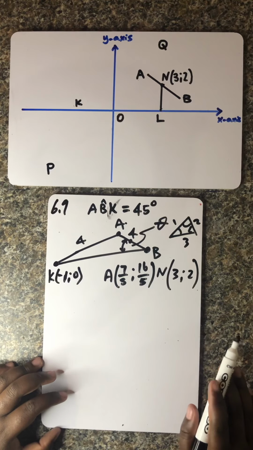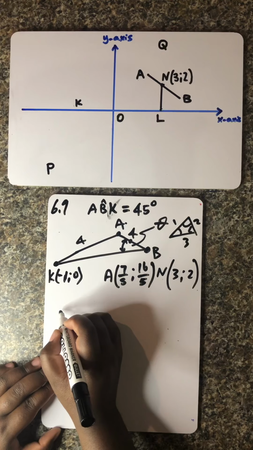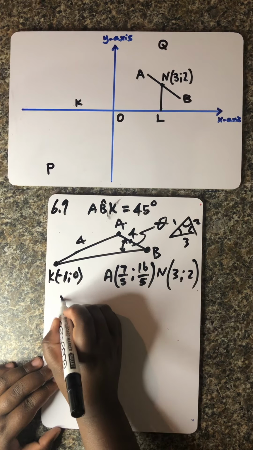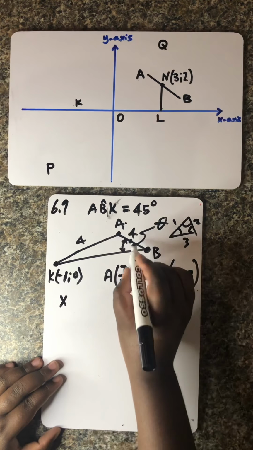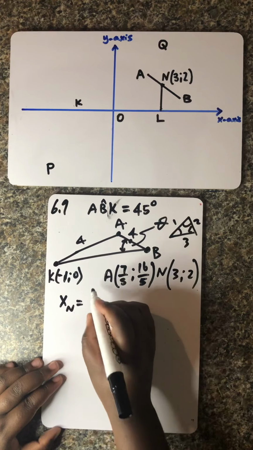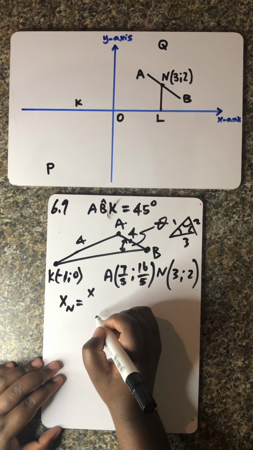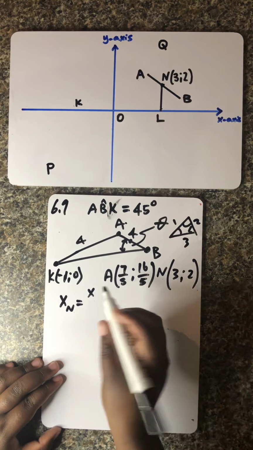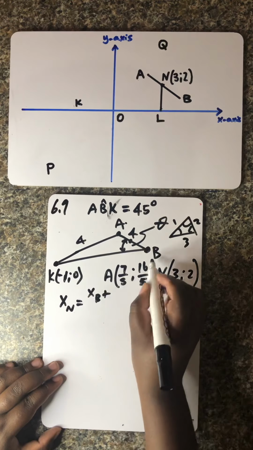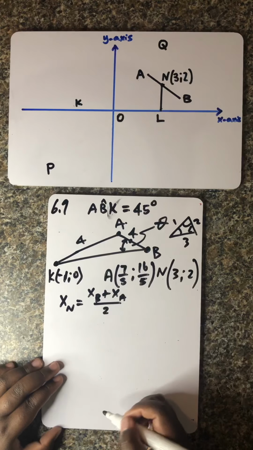Now, let's say the X value at the midpoint. What is the midpoint? The midpoint is N. It's equal to the X value at B plus the X value at A, divided by 2.